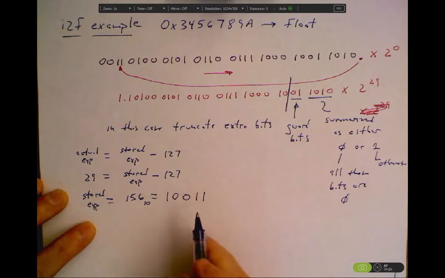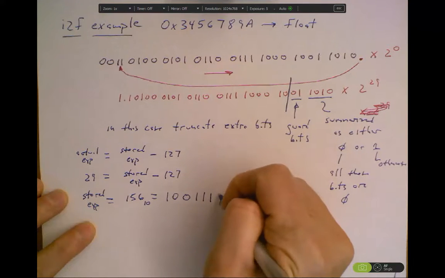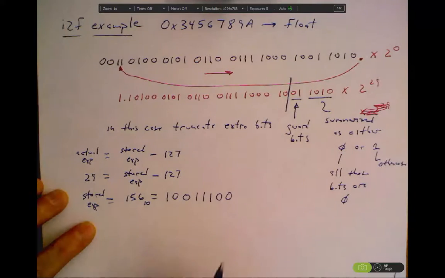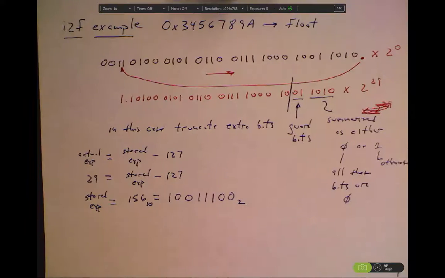Let's see, I've got to get back. I've got 128, I've got 16 and 8 is 24, and I need a 4, I guess. No 2, no 1. Okay. At this point in time now, I can write down the final answer.